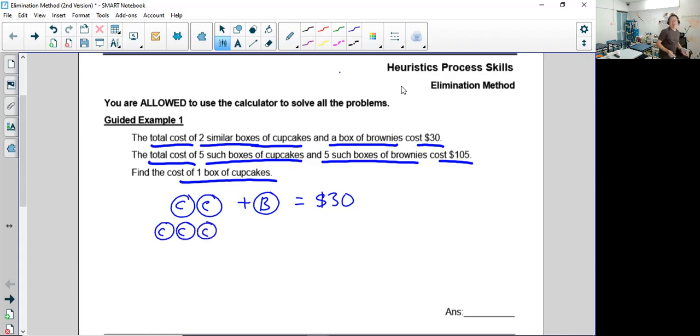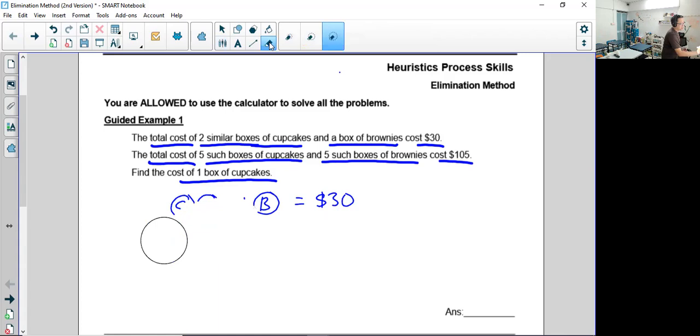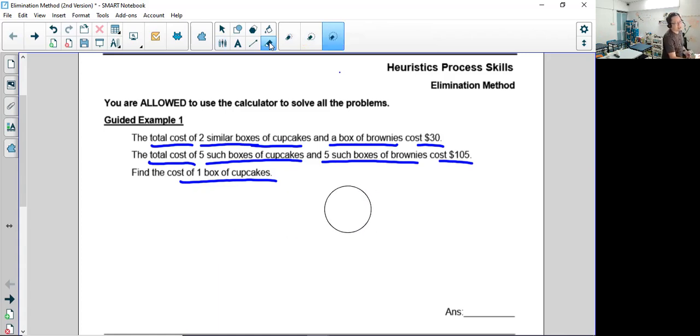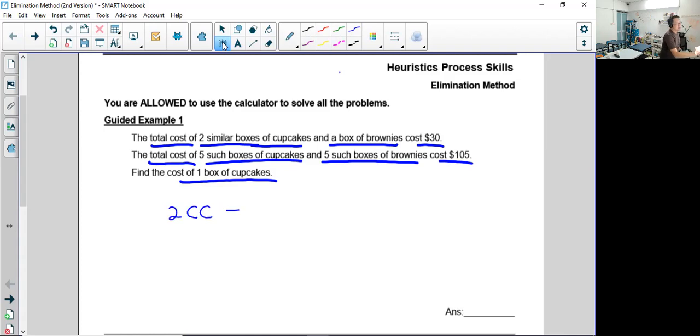But when we go to primary 5 and higher, it's a bit hard to do this because you don't want to draw so many pictures. So I'm going to remove the pictures and write letters to represent the pictures. So the total cost of 2 boxes of cupcakes and 1 box of brownies is $30.